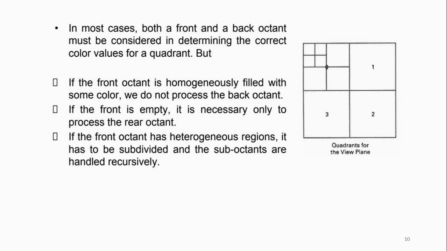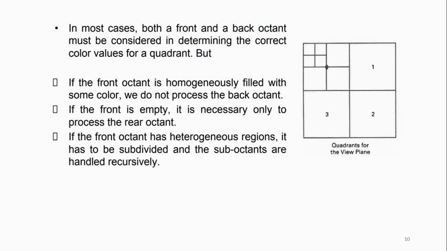This results in a hierarchical structure which is called an octree. During rendering, the system examines only the relevant octants instead of processing the entire scene. So this significantly improves the efficiency. So this is how the octree method actually works.